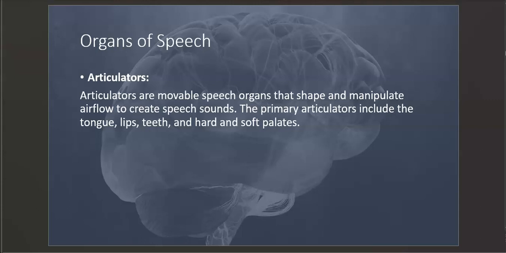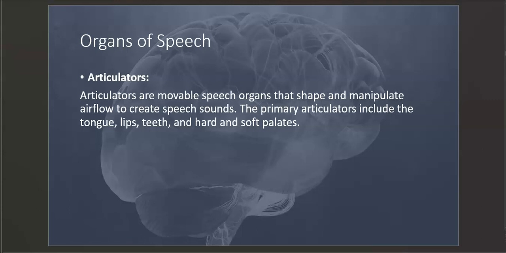So there, the tongue becomes an articulator. With the lips, when you say words like P, B, you notice your lips move. Your lips move together, and some sound is formed when your lips move together. So you notice that the lips become an articulatory organ because it's a movable speech organ.